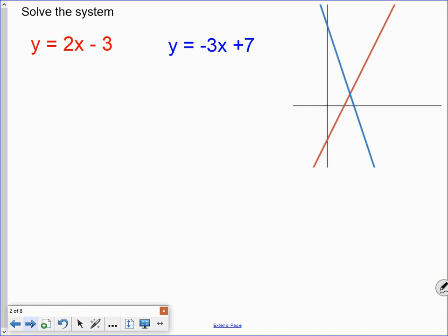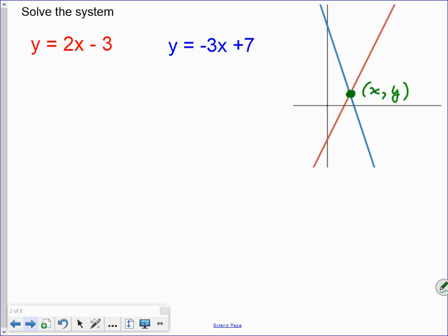If we've got this system of equations, y equals 2x minus 3 and y equals negative 3x plus 7, we know graphically that the solution is this point of intersection right here, x and y. It's the only point that is on both the red equation and the blue equation at the same time.